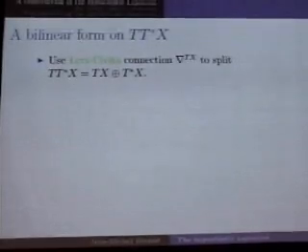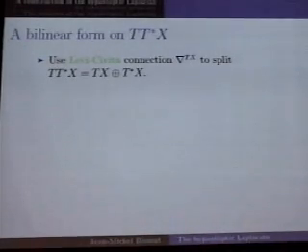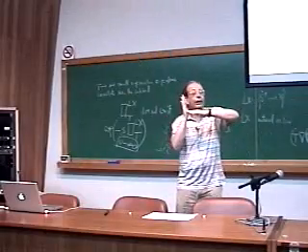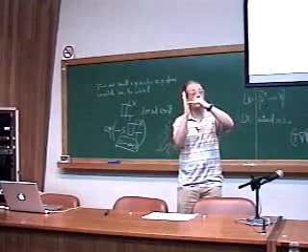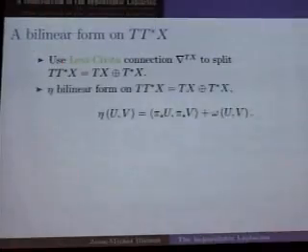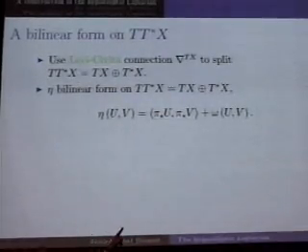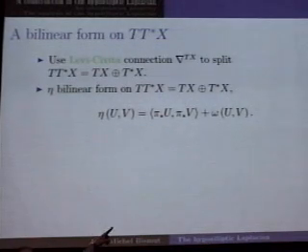Actually, the effective construction goes this way. You use the Levi-Civita connection to split the tangent bundle to the cotangent bundle as a direct sum of a vertical tangent bundle and a horizontal one with respect to some connection. On this total tangent bundle, you introduce a bilinear form, which is neither symmetric nor antisymmetric.